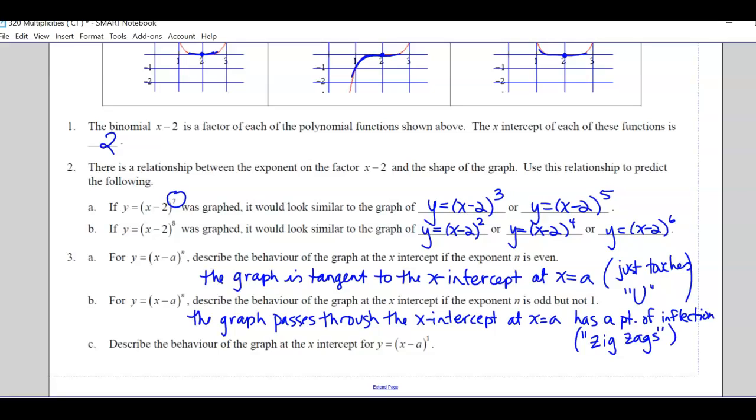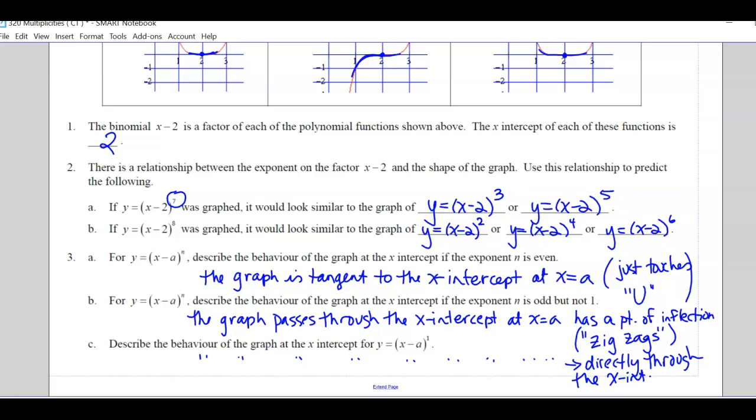Okay. So then for degree 1, basically the same, passes through the x-intercept at x equals a, and that's it. So directly through. No change in the direction, so it's not zigzagging through.